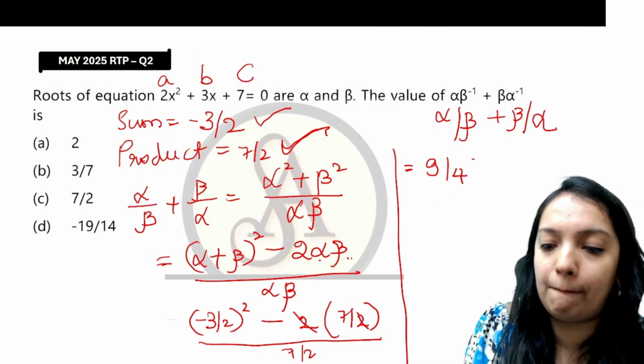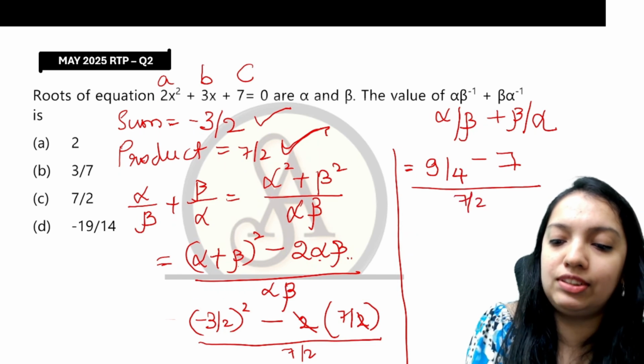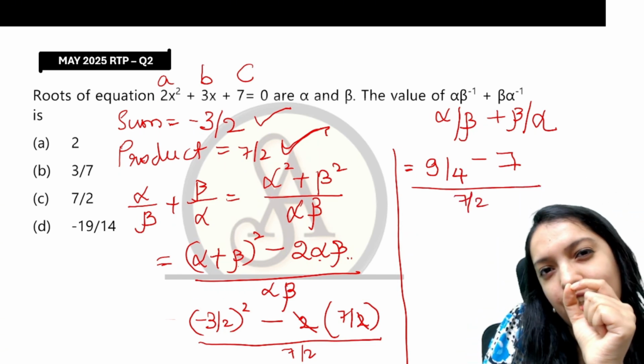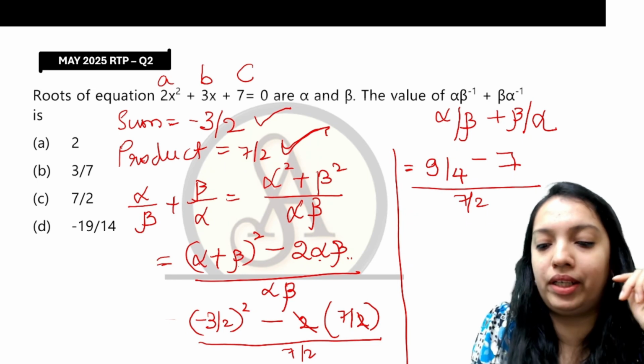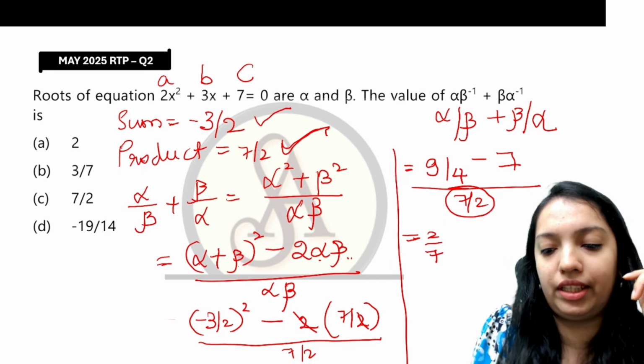What is left out? Minus 7 whole divided by, in the denominator I have 7 by 2. I hate fraction in the denominator. If I take it to the numerator, this denominator part is going to become 2 divided by 7.